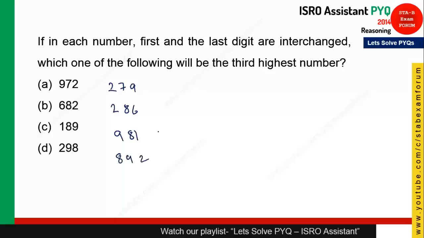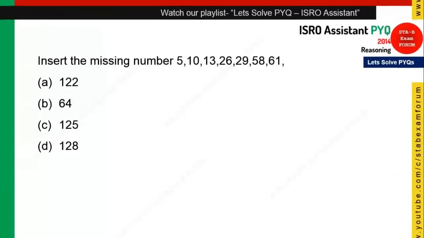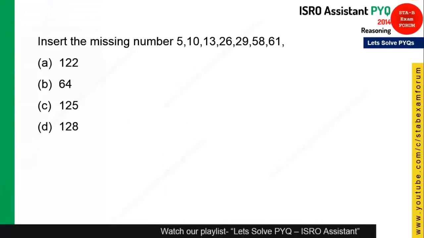Third highest means, this is the first highest, this is the second highest, third highest will be option B. So option B is the correct answer. Let's move to the next question, and your time starts now.